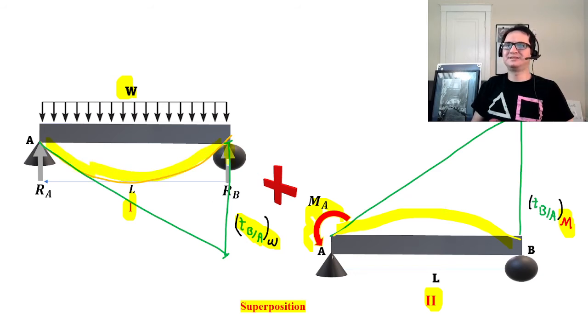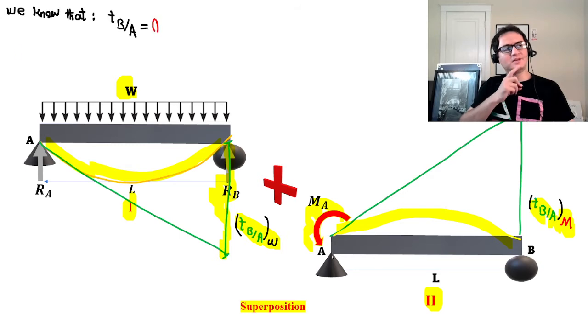So that's the tangential deviation of B with respect to A for W, and that's the tangential deviation of B with respect to A for M. And we already calculated their effects separately. At the same time, we do know the tangential deviation of B with respect to A for the entire beam is 0.